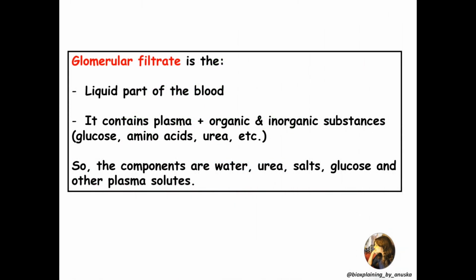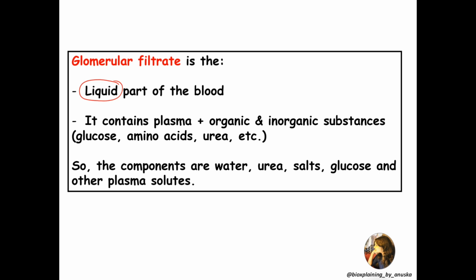Okay, so now let us understand the composition of the glomerular filtrate. As we just saw, the glomerular filtrate is the liquid part of the blood. What do we know about blood? That blood has distinctly 2 different parts.